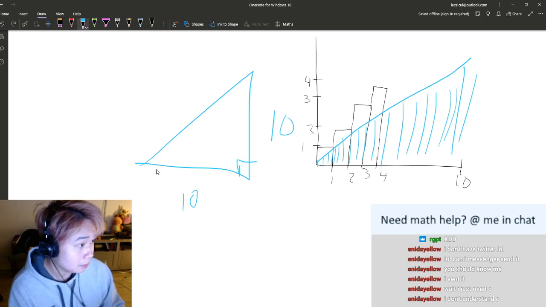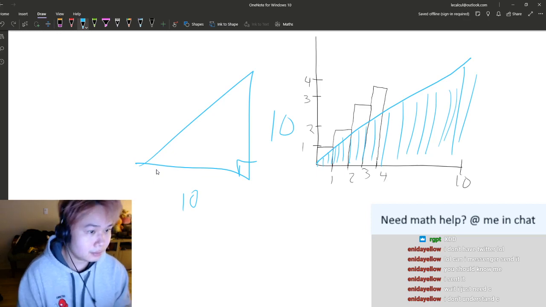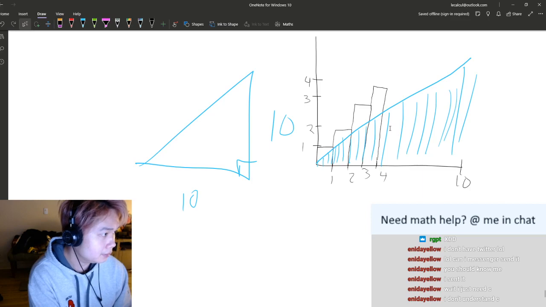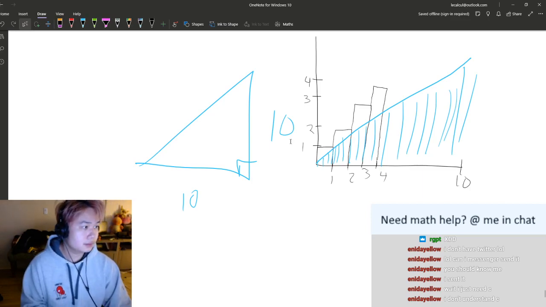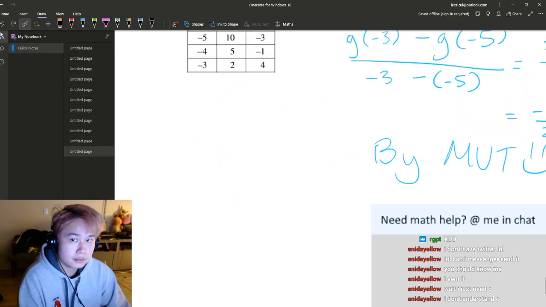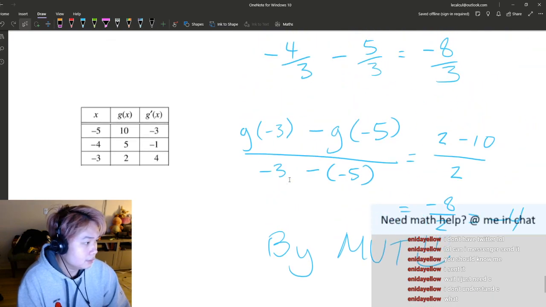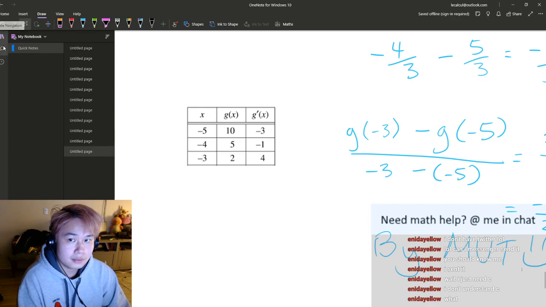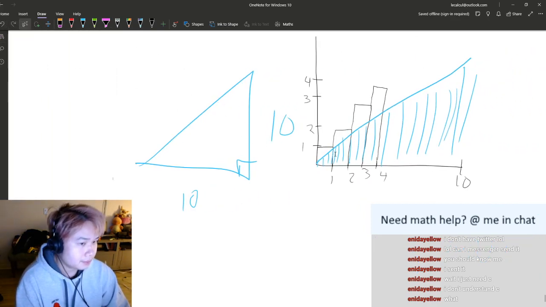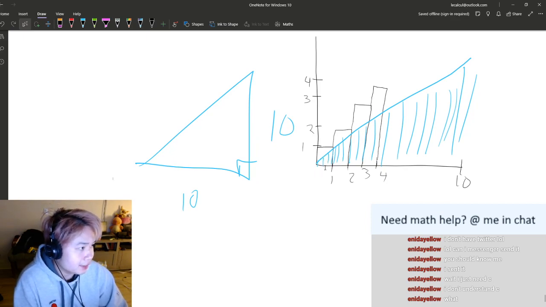So that should be easy to do. Hopefully you can see why that happens, right? They're making the rectangles thinner so you can fit more of them in.